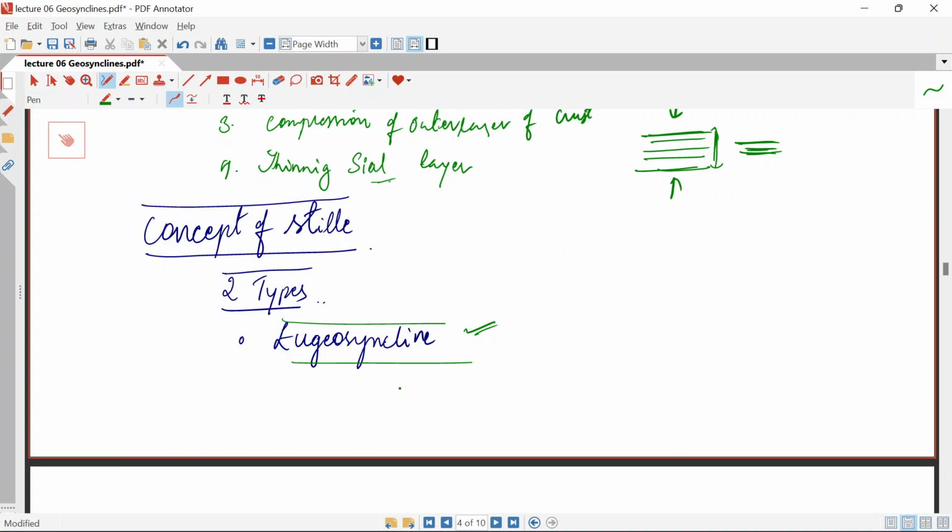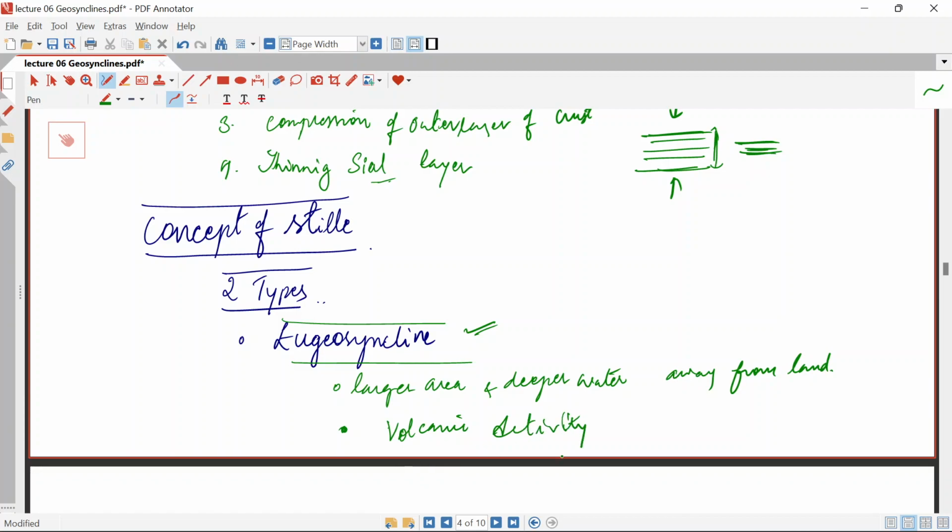It is located in a much larger area and deeper water, away from land. This is what he initially told. And the second thing he said about the eugeosyncline is that there is volcanic activity in this geosyncline area.